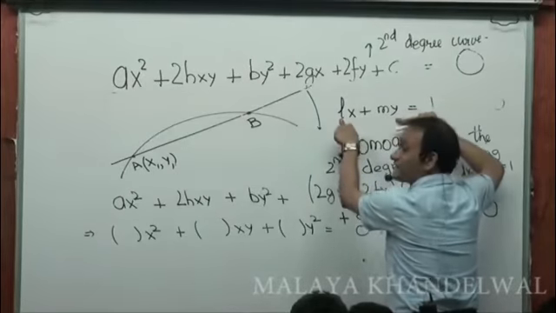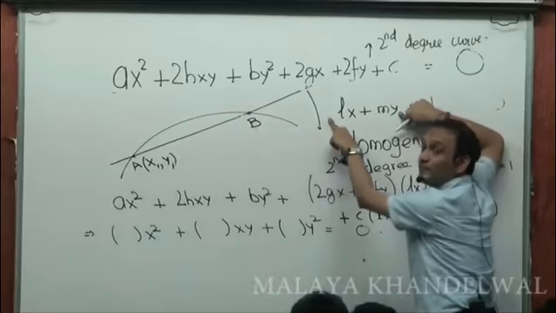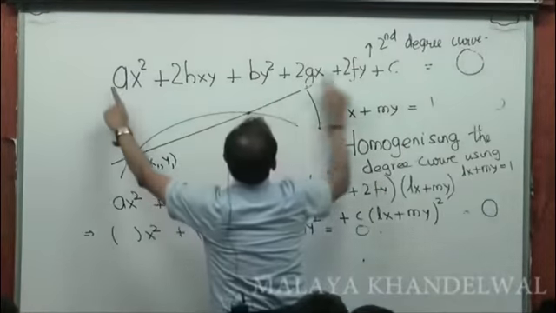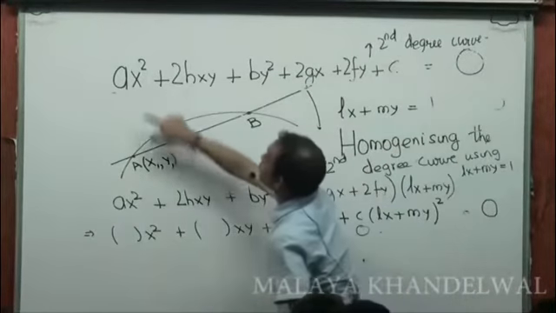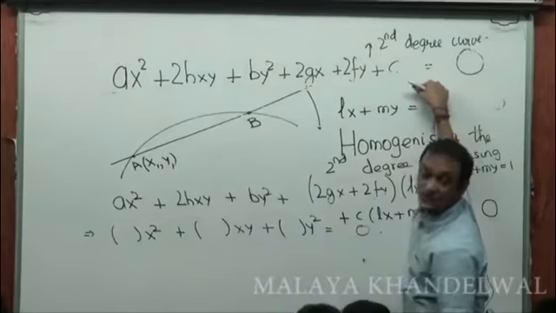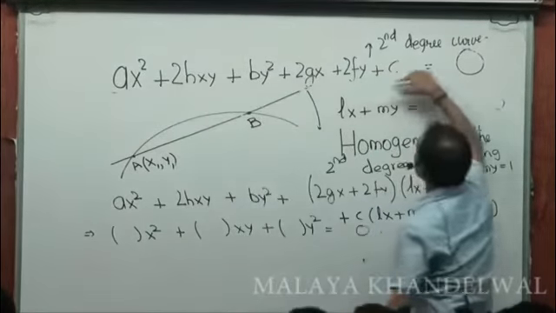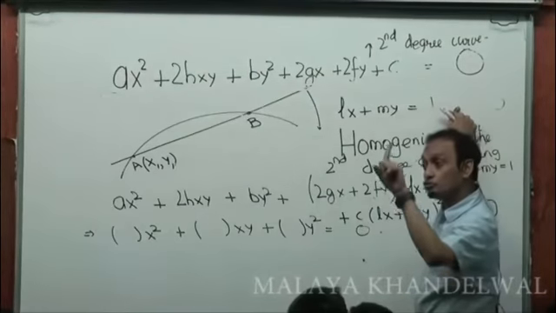The coordinates of A will cause Lx plus my to become equal to 1. Similarly, the coordinates of A will also cause this expression to become 0, because A is also a point on this curve, so it will satisfy this equation as well.